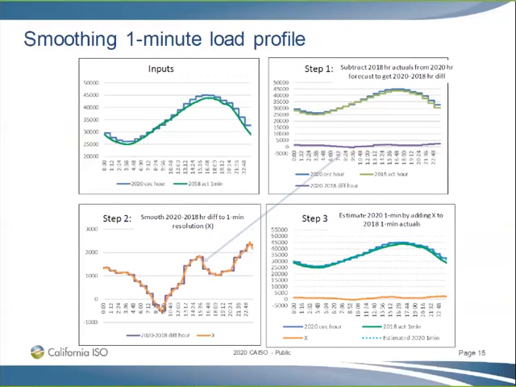It's better than using the 1 minute actuals from the previous year, because you use the smoothing technique for a subsequent year. The intent is to do the best you can and not have jumps in your forecast.